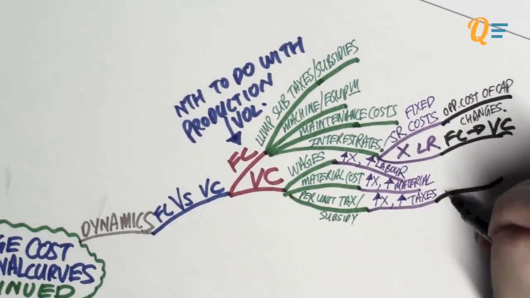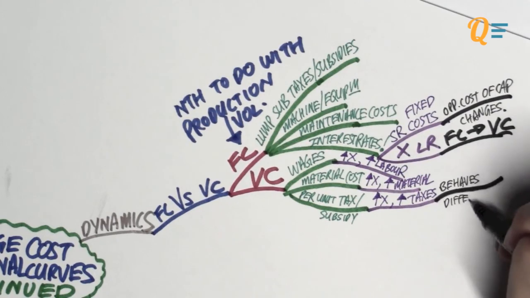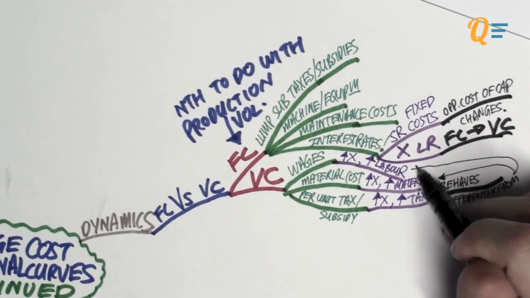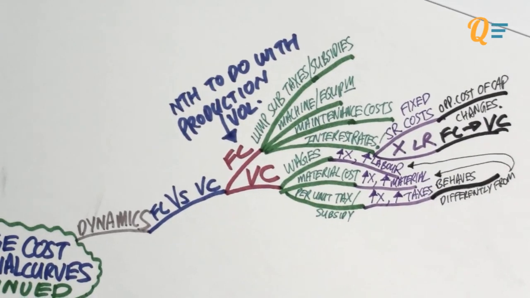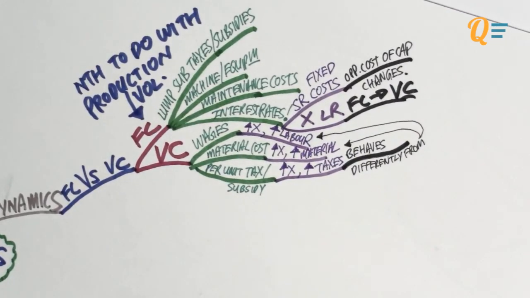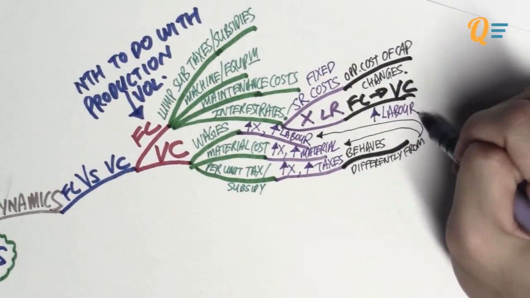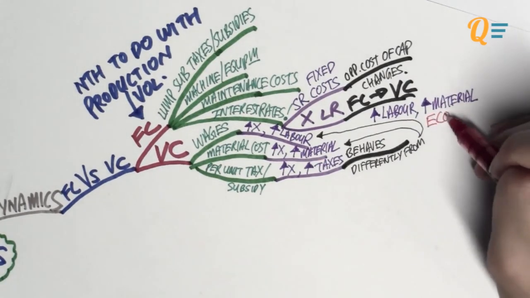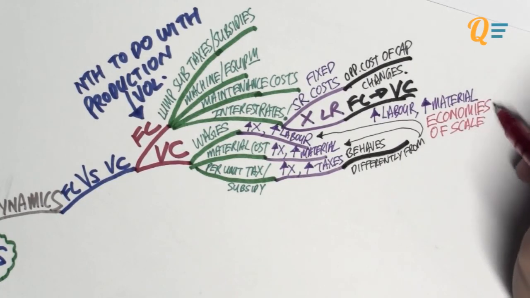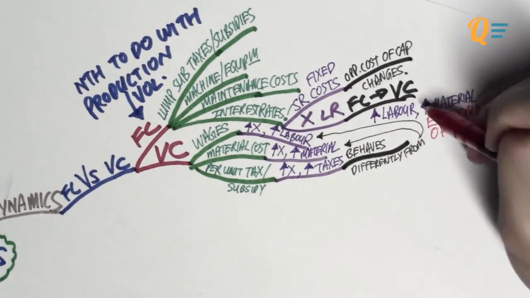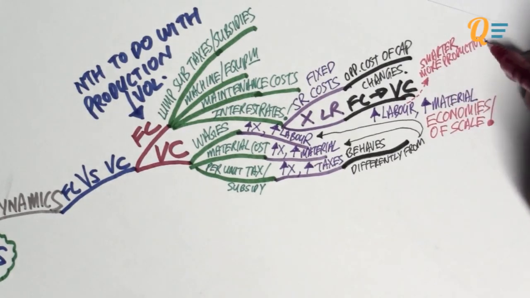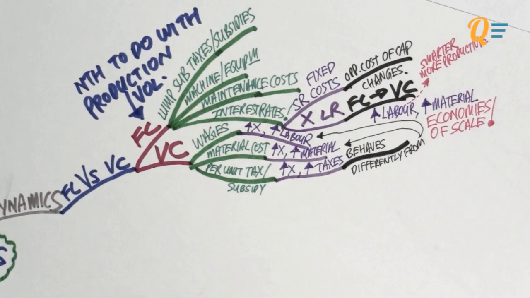But this actually behaves very differently from the rest of the other variable costs that you have seen here. It behaves differently from material costs as well as wages. Let me just very briefly explain why. Now, take for example, if I want to increase my labor or increase my materials, what happens is that I'm actually achieving some economies of scale. Not returns to scale, it's economies of scale. Why? Because as I increase my labor and these workers work more, they become smarter and they become more productive.